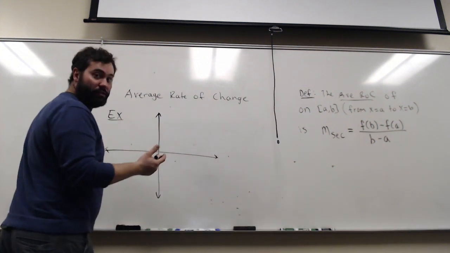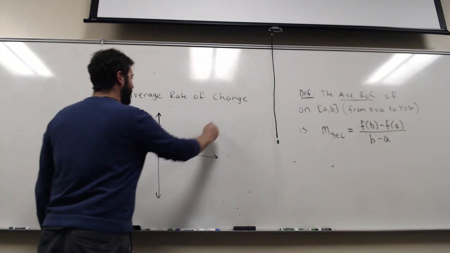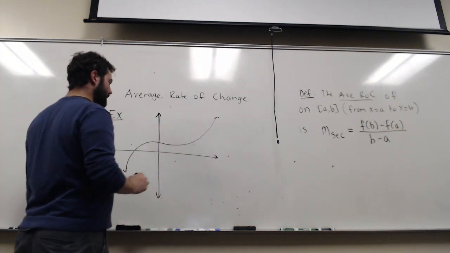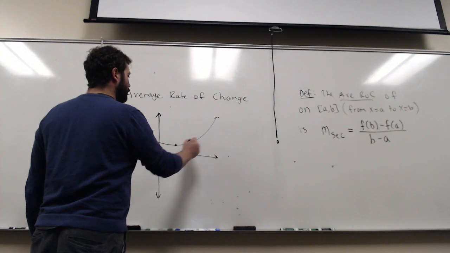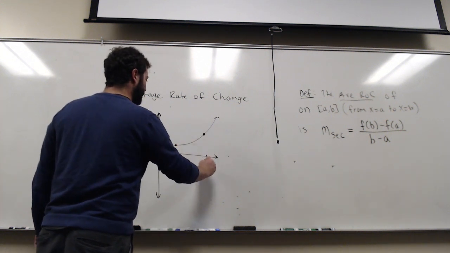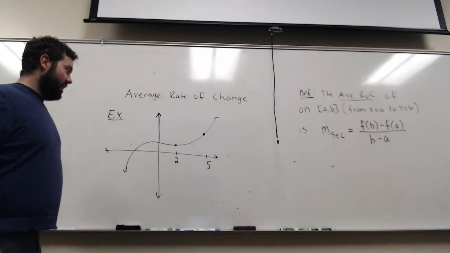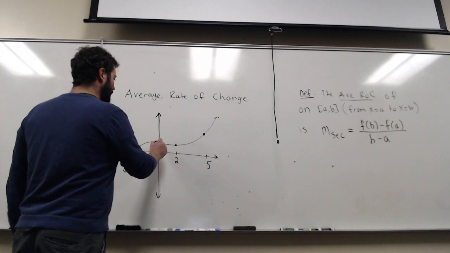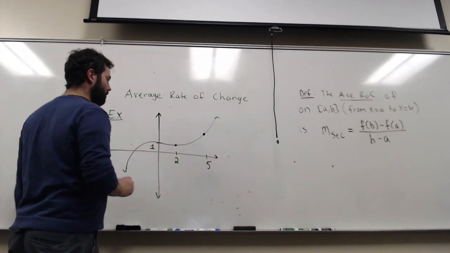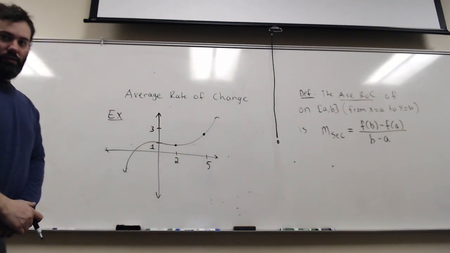I'll just make something up right here. Say I have some graph of a function. Let's say that I've got 2 points that correspond to x equals 2 and x equals 5. Let's say this point right here has a height of positive 1, and this point right here has a height of 3 units.